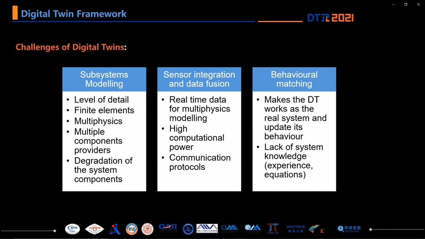What kind of computational requirements are there? Are there any protocols for gathering the data? And the last is behavioral matching, which makes the digital twin behave as the real system. And this typically comes in the form of our system knowledge, as well as what equations we can use to actually behavior match the systems together.